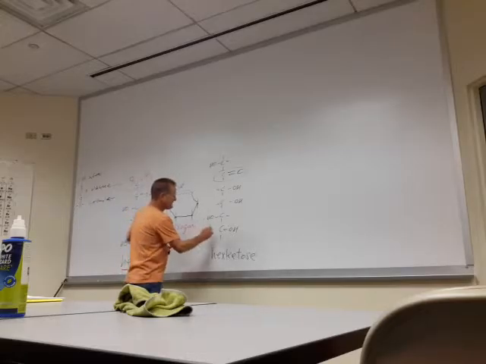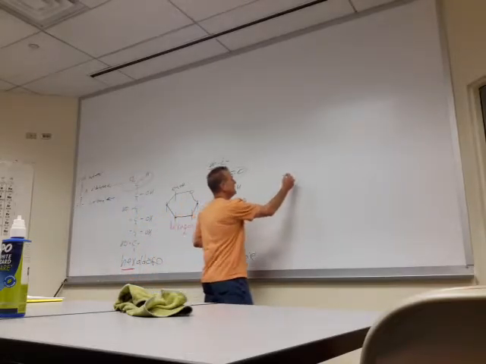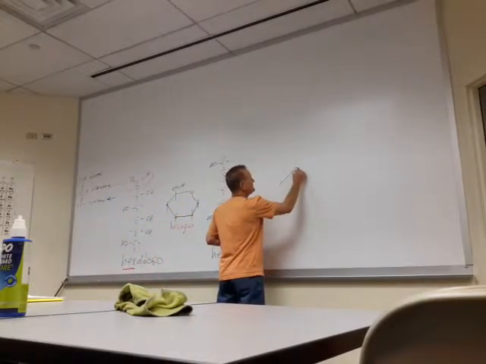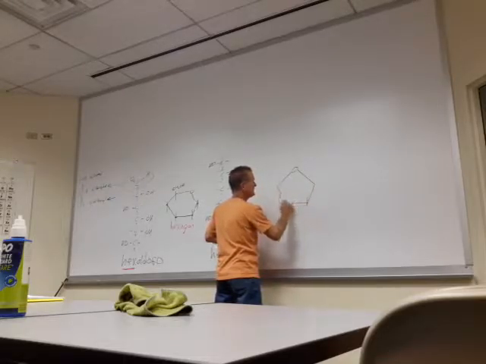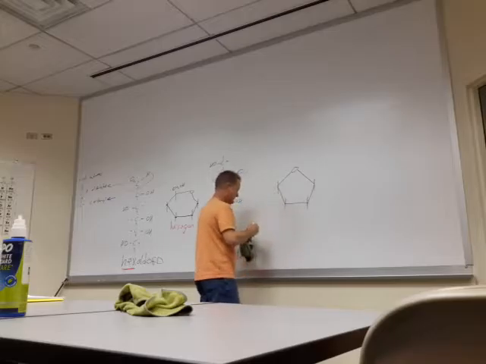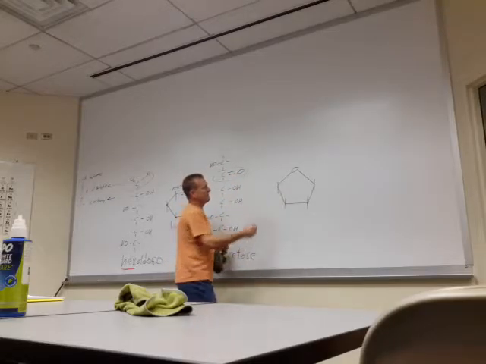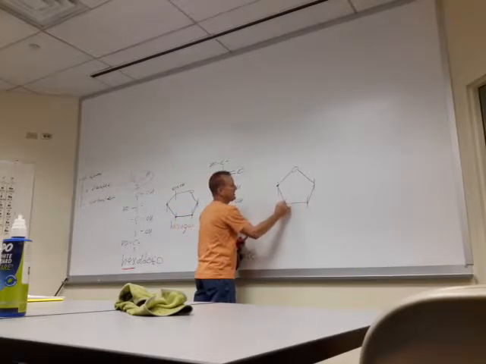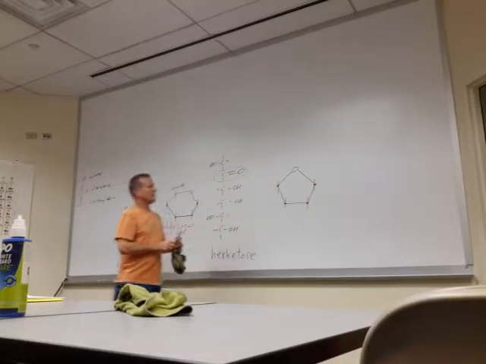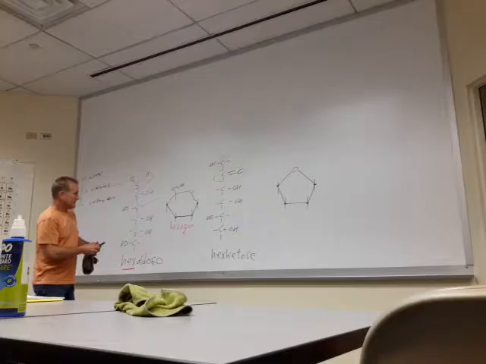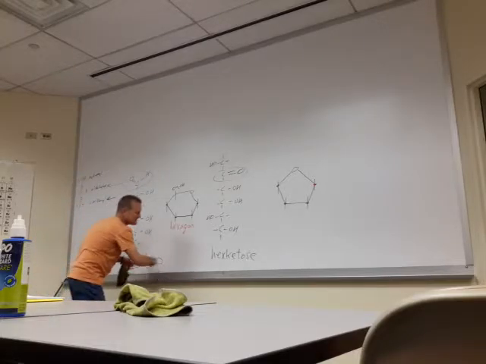Now our hex ketose looks different in nature. I've got a 5-sided ring. I've got a pentagon. 4 carbons are in the ring, but I've got 6.